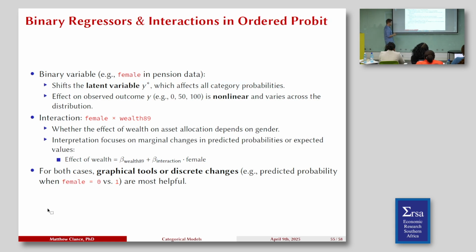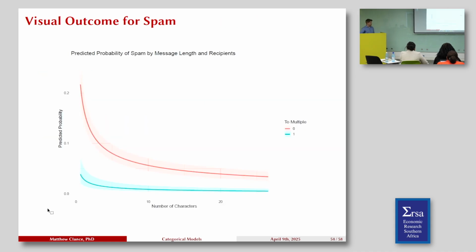So for both cases, like I said, graphical tools are kind of helpful here, or discrete changes are the most helpful. So think about turning a switch off and on. That's exactly what we're doing with the earlier example. When I have no multiple recipients and when I have multiple recipients, we're switching it on, and then we see the entire drop.